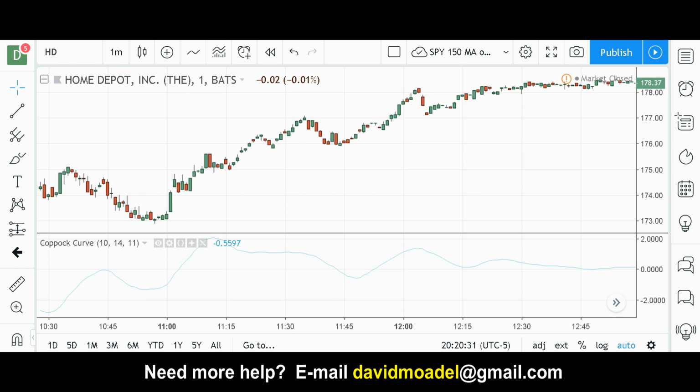Well, an oscillator basically means that it bounces up and down between two numbers, within a range. It doesn't go higher than the top of the range, and it doesn't go lower than the bottom of that range. So it just oscillates, or fluctuates back and forth, up and down within the range. Unlike a moving average, which doesn't just go within a range.